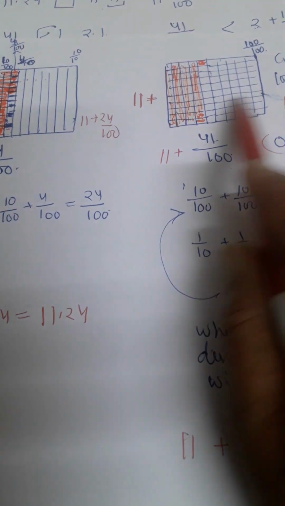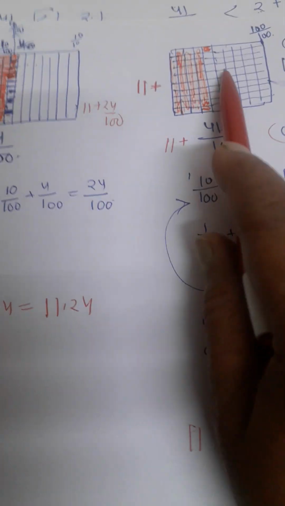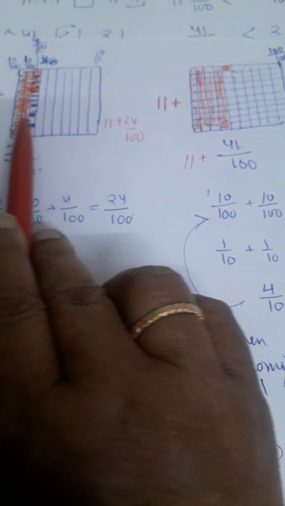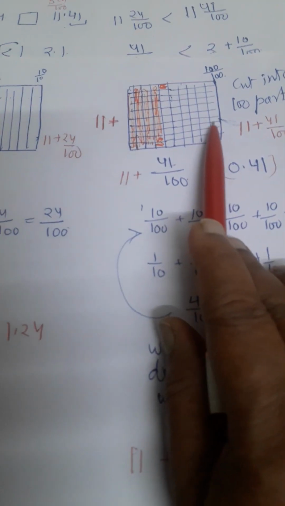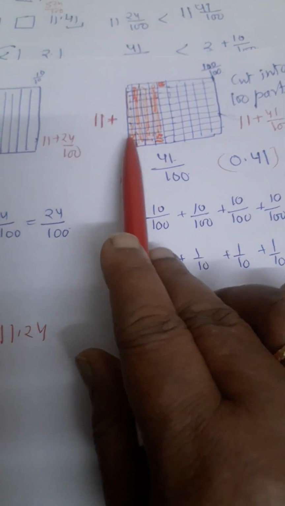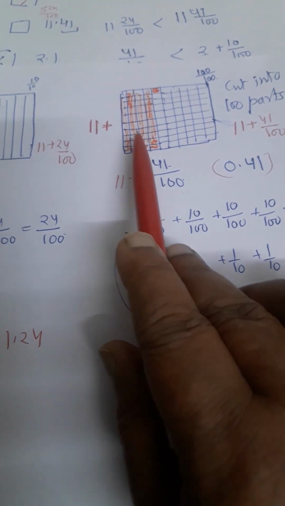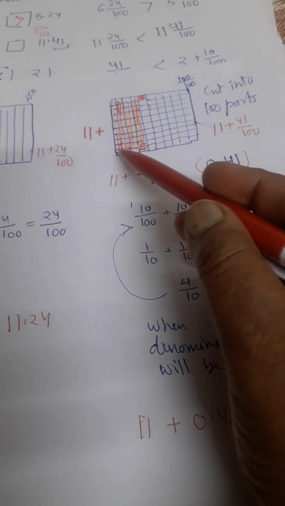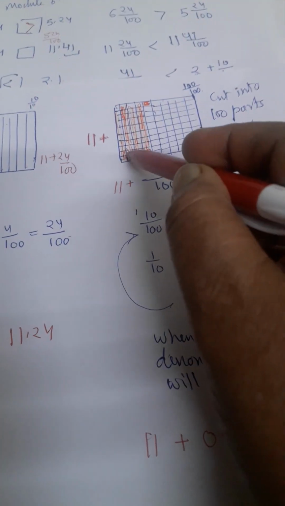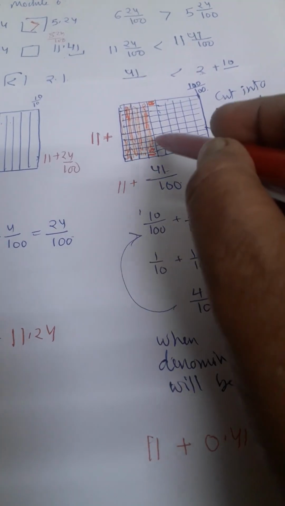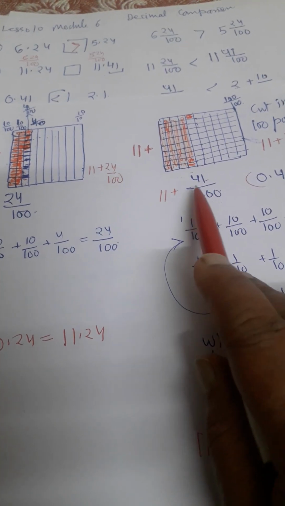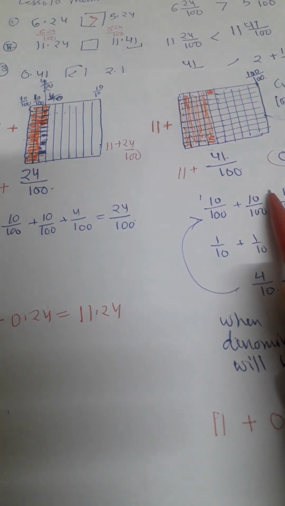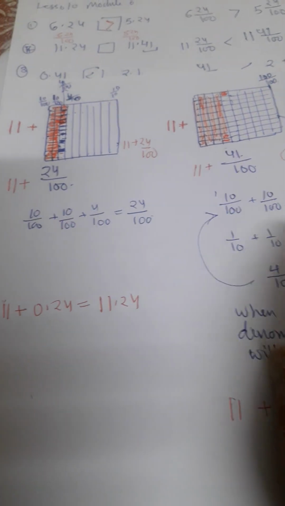But if we cut across again into 100 parts, it becomes hundredths. Here, in total there are 10 hundredths in each column, so 40 plus 1 is 41 hundredths. Like that we have to write it.